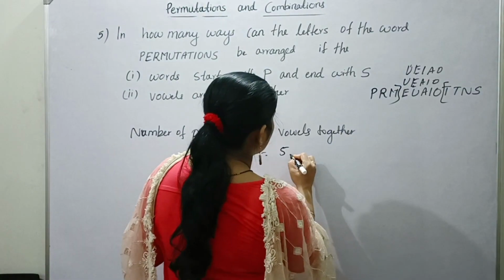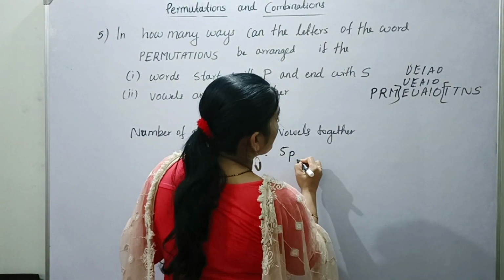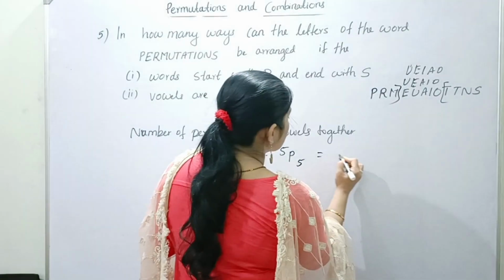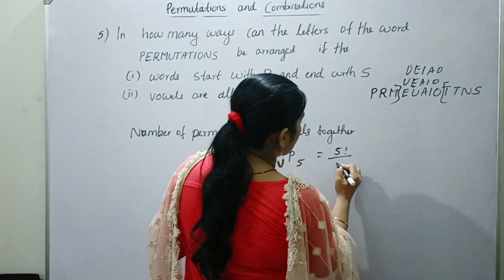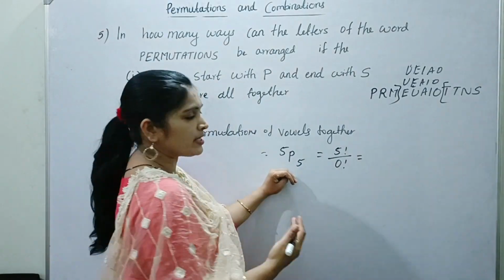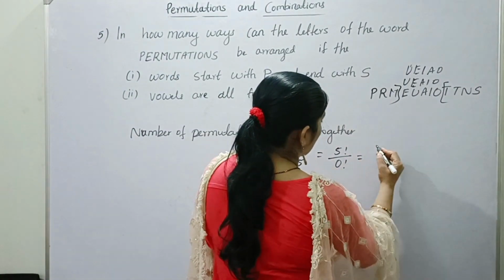So what is the number of permutations? 5P5, that is 5 factorial divided by 0 factorial, that means (5 minus 5) factorial.